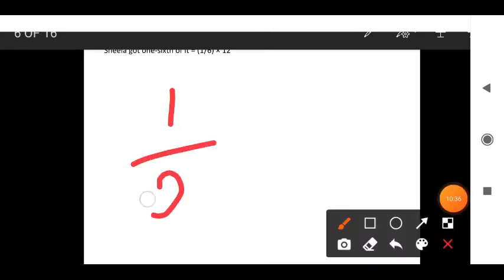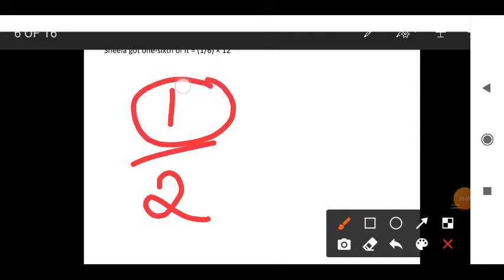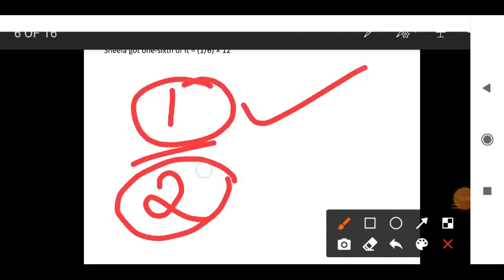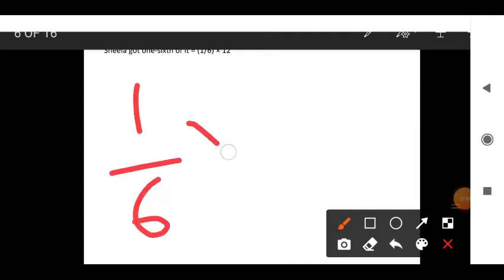See, I will always explain one thing. If you write 1 by 2, see here, 1 is called as what? Numerator, and 2 is called as denominator. You already learned that in fractions. So 1/6 into 12.